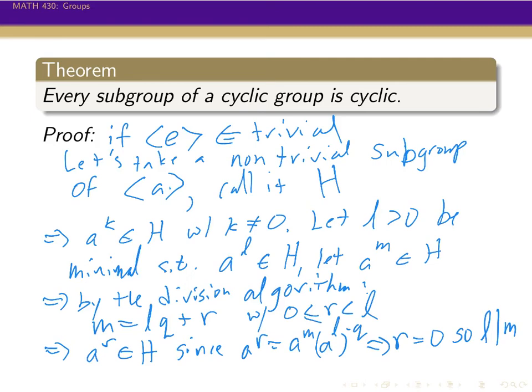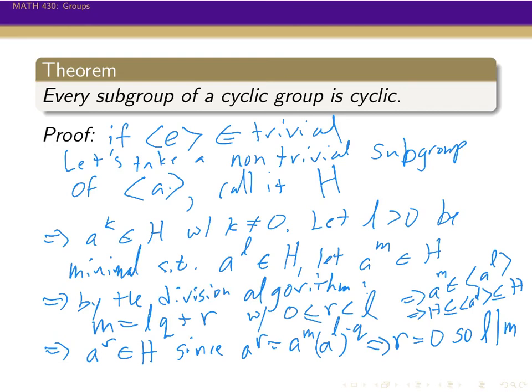If I take anything else in the group, it looks like A to the M. Well, then that power has to be a multiple of L. And so then this means that A to the M is inside the subgroup generated by A to the L. And so since this is true for all elements of H, this means that H is a subgroup of the group generated by A to the L, which is a subgroup of H to begin with, and so they have to be equal.